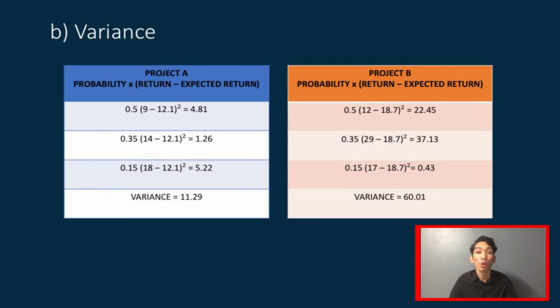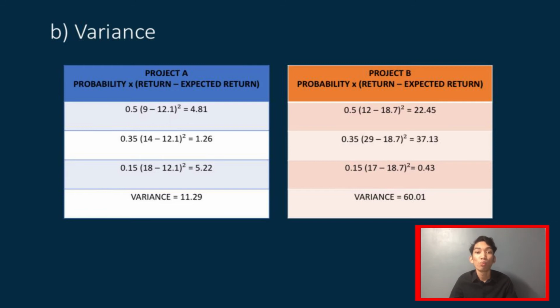Third 0.15 bracket 18 minus 12.1 bracket power of 2 equals 5.22. The total variance of project A is 4.81 plus 1.26 plus 5.22 equals 11.29.